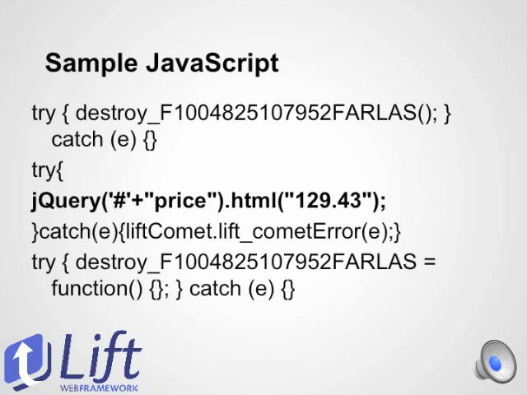In this case, you can see it's a simple jQuery command just to look for an element with the ID of price, and then it will set the HTML of that element to $129.43. This simulates a website like eBay, where somebody placed a bid and increased the price of an item. So you see how it's very simple, and you have complete freedom on what kind of JavaScript you want to send through your Comet actors.